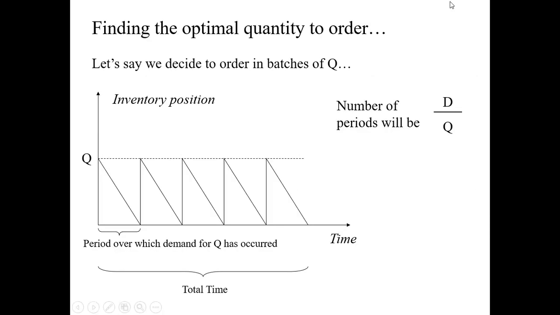Now let us look at an ideal case, which shows the inventory management graph. This axis indicates the stock and this axis indicates the time. Here we are making some assumptions: once we make an order, assume that the items are delivered instantaneously.